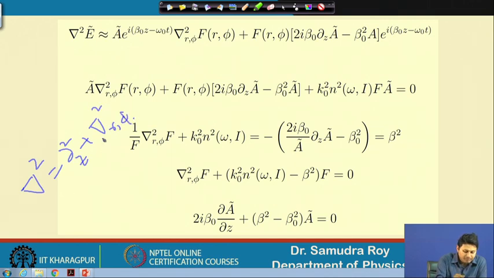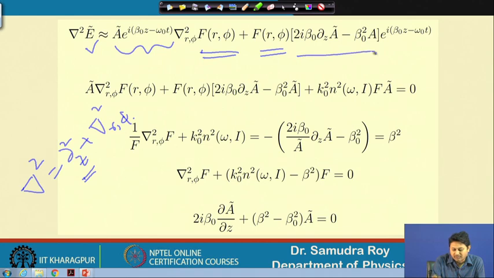When we apply that over E, separation of variables suggests that this will operate only on f, because f is a function of r phi. So, this quantity will remain outside of the operator. In the similar way, when we make a derivative with respect to z, we should have f r phi outside and all these things here.